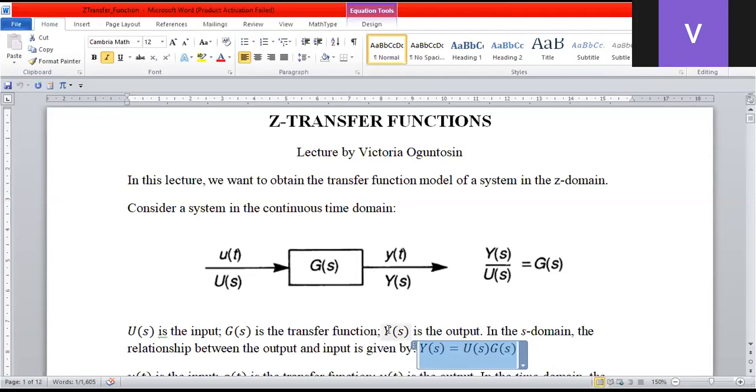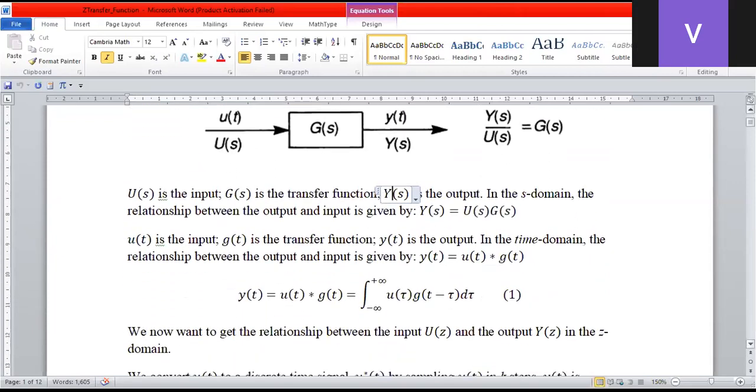In the Laplace domain, if you have U(s) as the input, G(s) as the transfer function, and Y(s) as the output, the relationship is given by this. You already know that. In the time domain, u(t) is the input and g(t) is the transfer function.